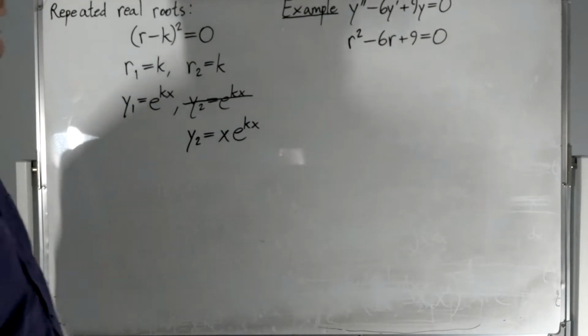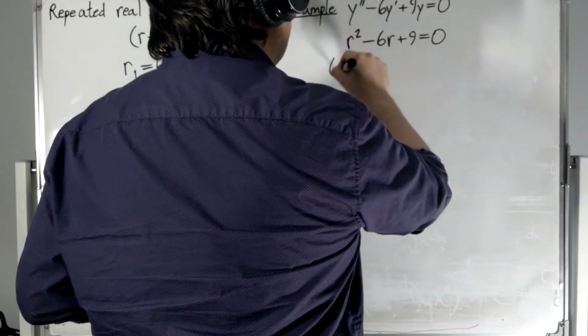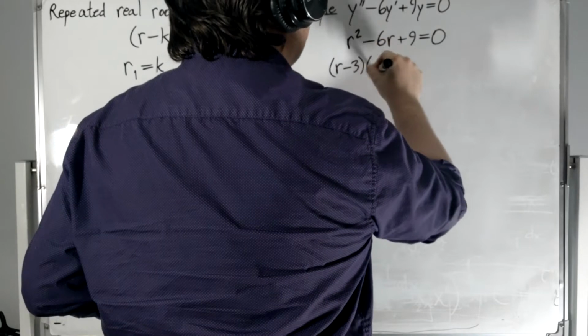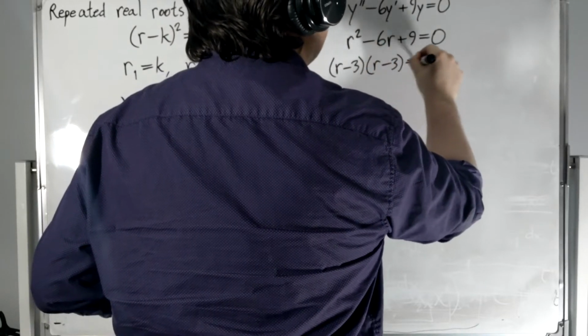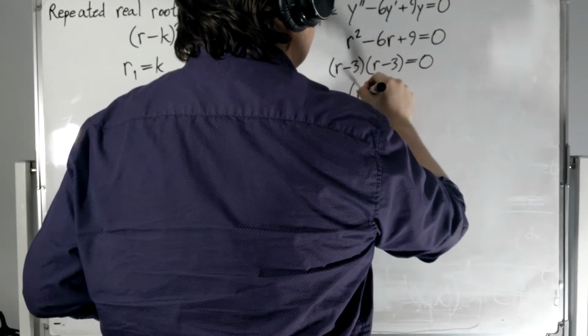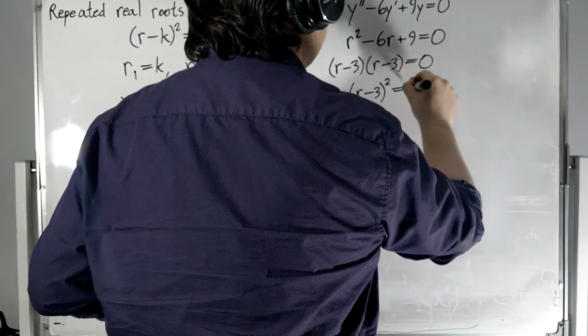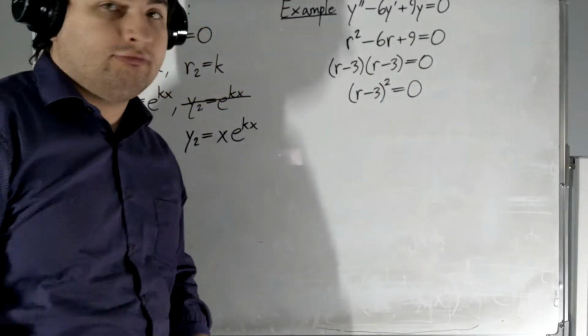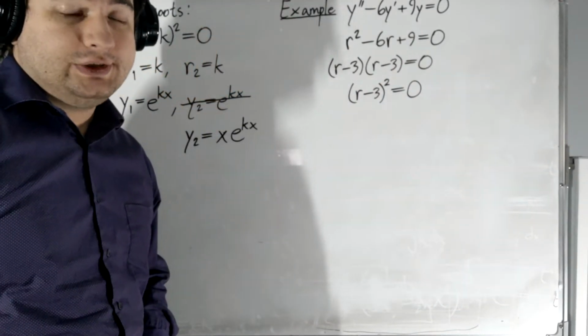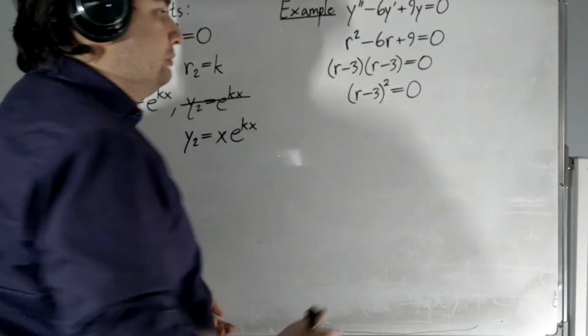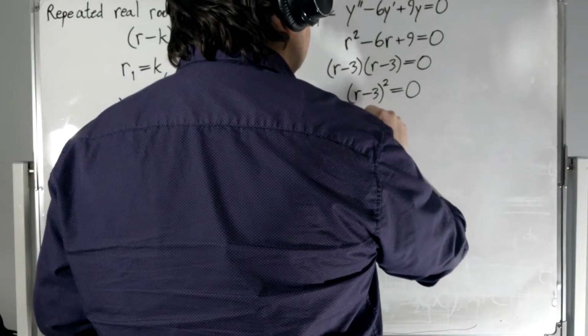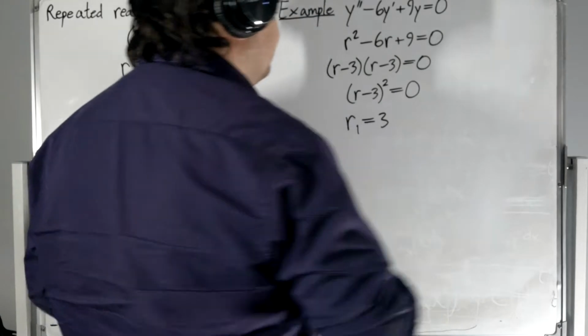And then that does factor. That factors into (r minus 3) times (r minus 3) equals 0, or in other words, (r minus 3) squared equals 0. So we have exactly one root to this quadratic. It's 3.